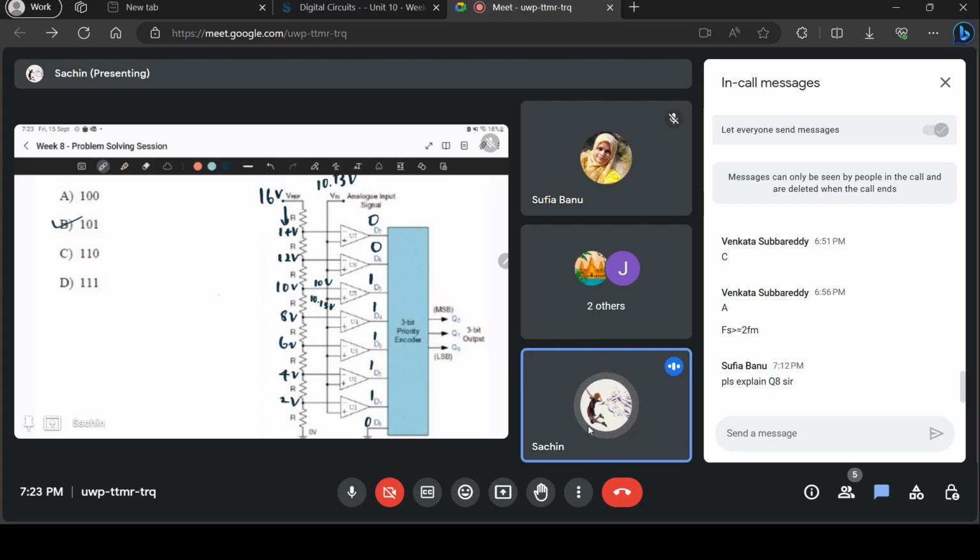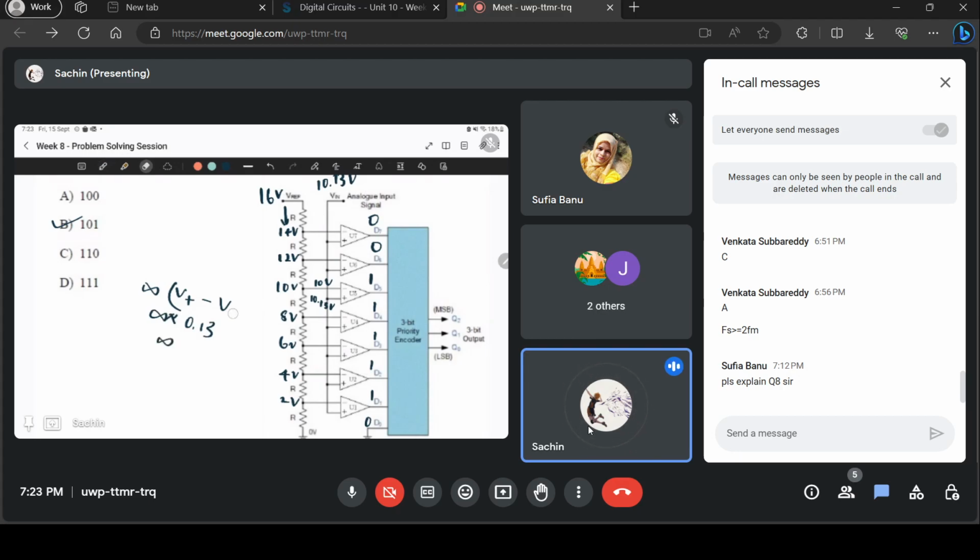So usually the voltage at the positive terminal is called V plus, and the negative terminal voltage is called V minus. It will take the difference and multiply it by a large number. Ideally, it will be infinity. Since V plus minus V minus is 10.13 minus 10, it's a positive number, and infinity times a positive number will be positive infinity.